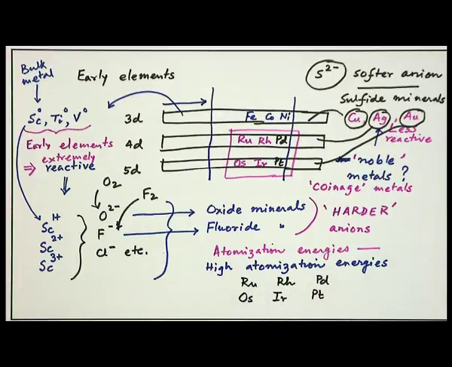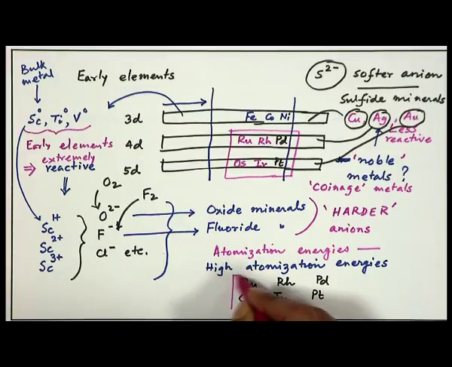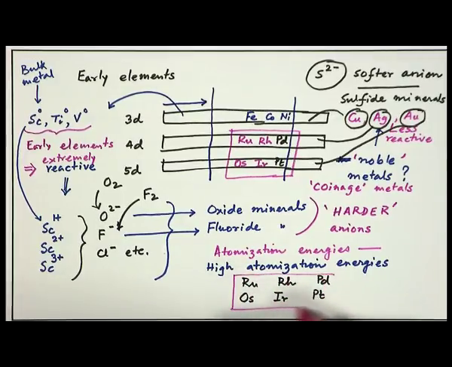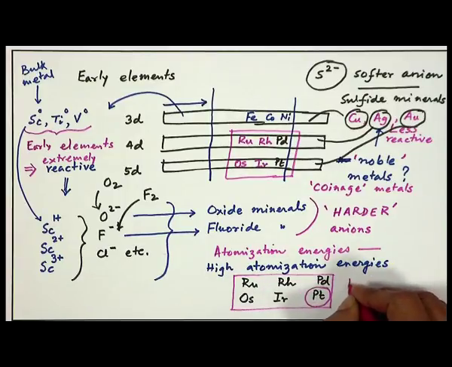So, these 6 metals, if we form a class, they have high atomization energies when we compare their atomization energies, and they belong to 4D and 5D elements, and therefore, the last member of these, that means the platinum, we call them as the platinum group metals.